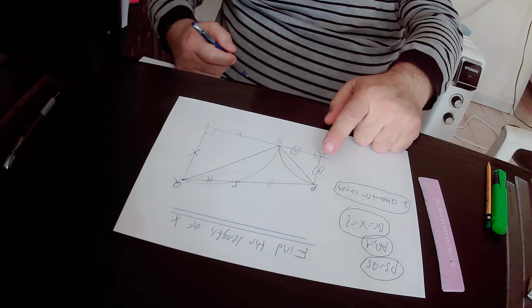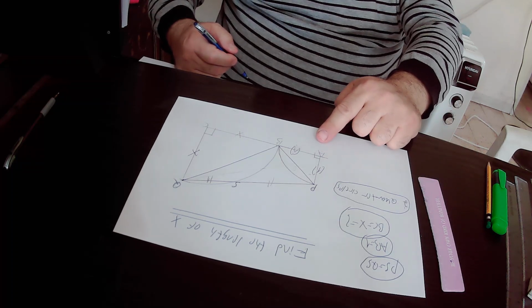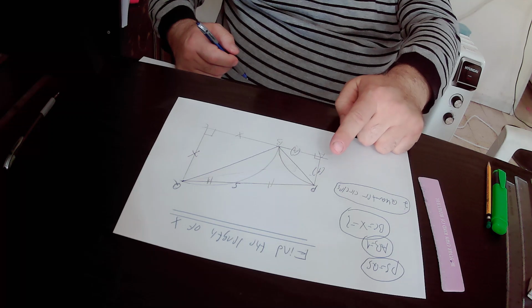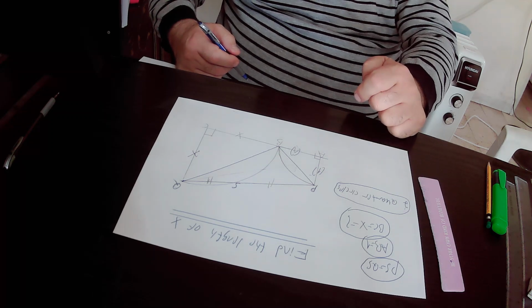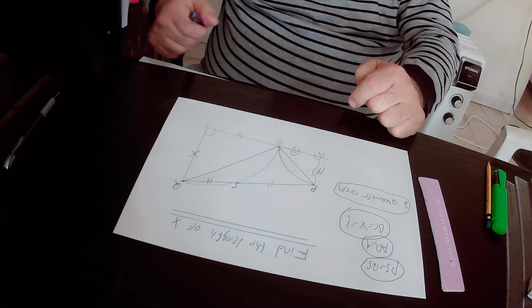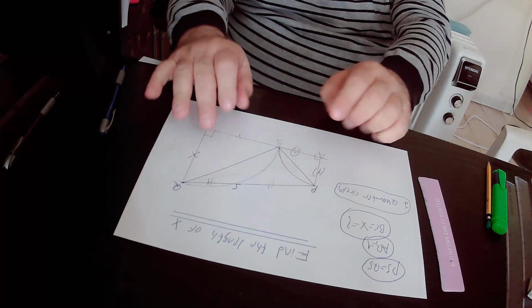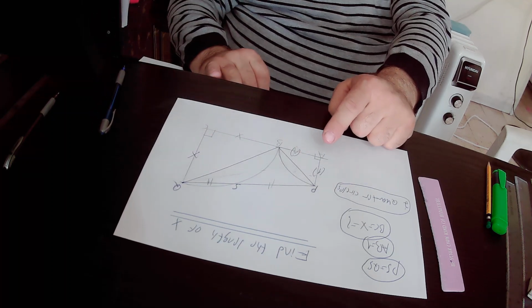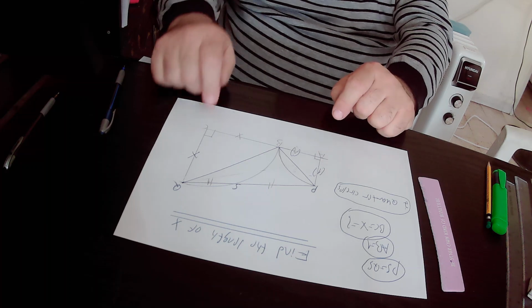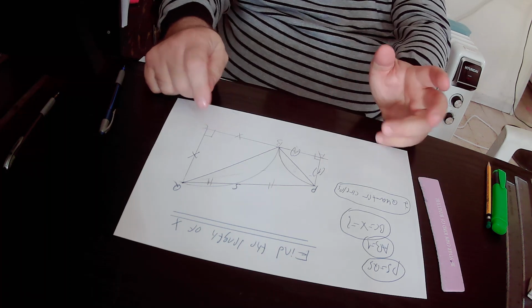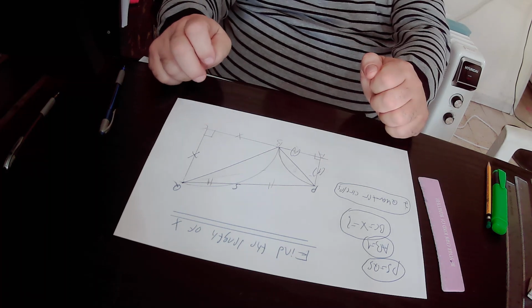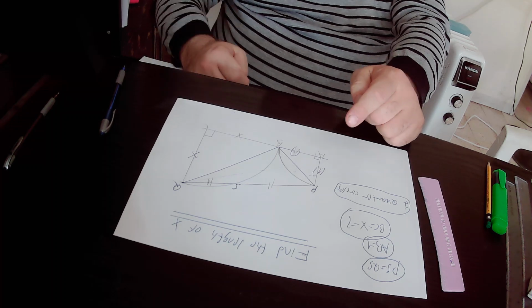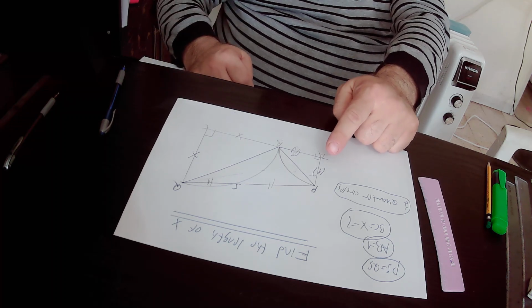By joining points P and B, we created the right triangle, triangle PAB. In both of those two quarter circles, this angle equals 90 degrees and this angle equals 90 degrees. It is true in any quarter circle. So we have here the right triangle PAB.